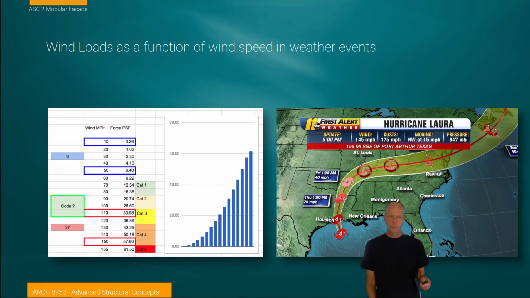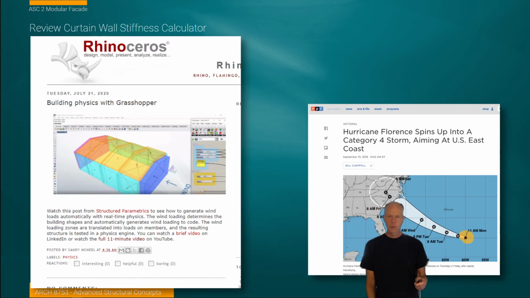Just a few years back with Hurricane Laura, we were looking at category 4 hurricanes striking, which has just an immense amount of power compared to the milder storms. And so I think this will continue to be an important subject in the design of all kinds of assemblies that we as architects make.